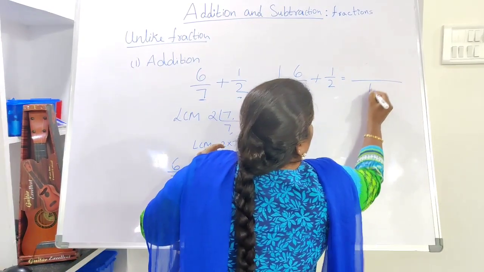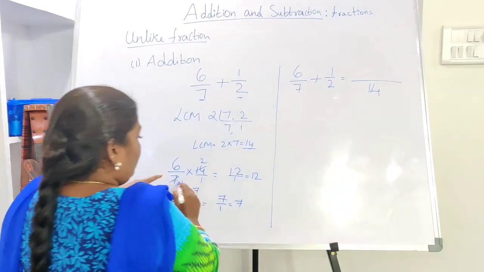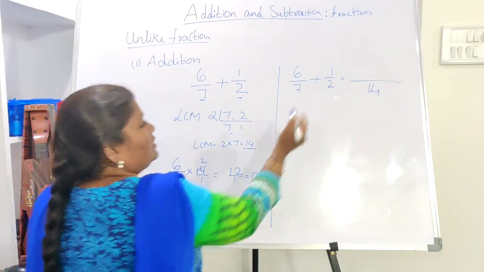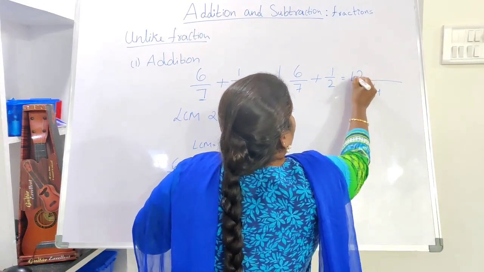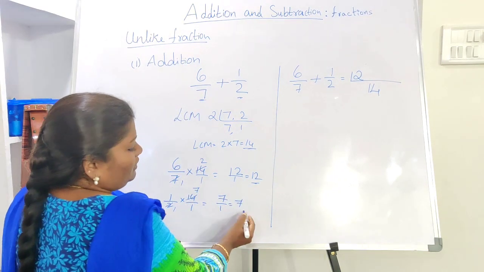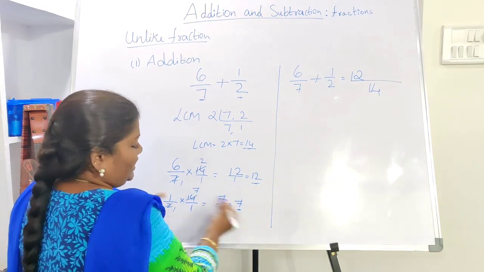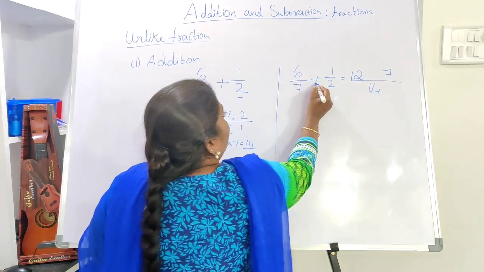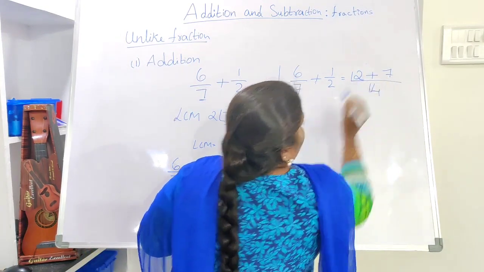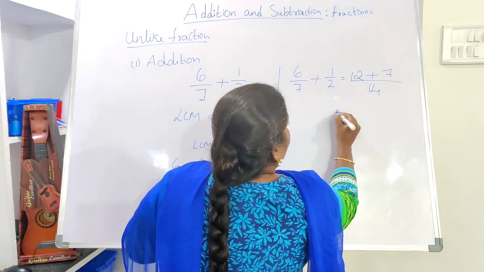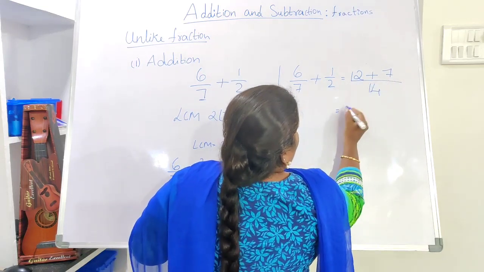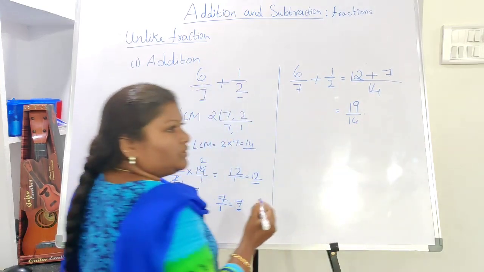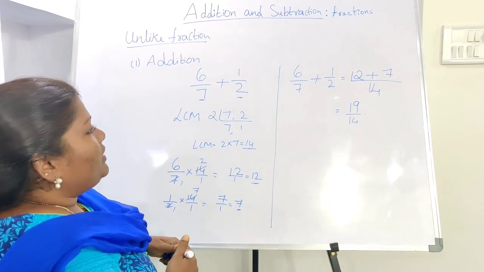So write down 14 here, and after calculating we got the first fraction as 12, so write down 12 here, and the second fraction as 7. Now what is the operation in between? It is addition. Just write that down, and 12 plus 7 is 19. So the answer is 19 by 14.